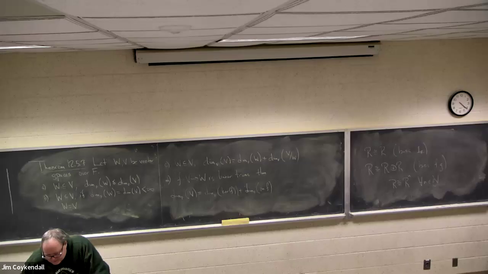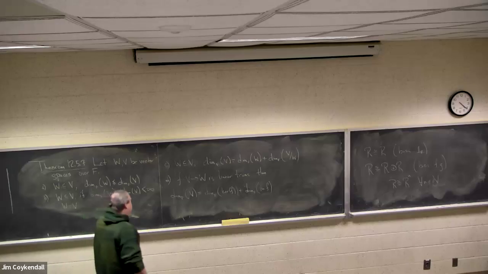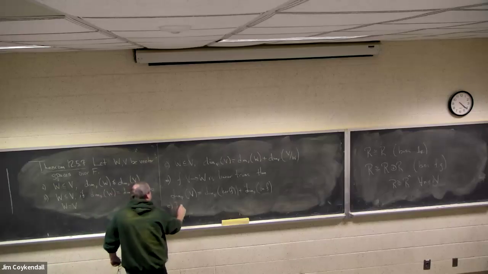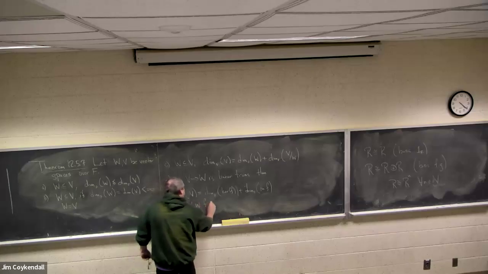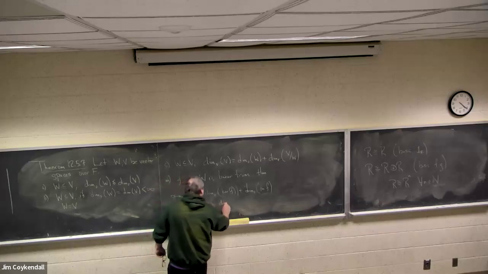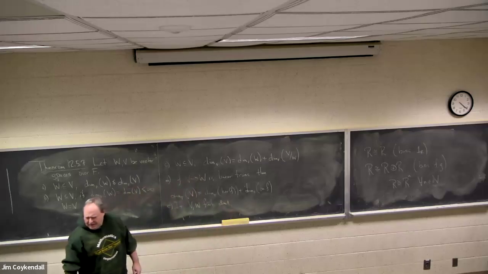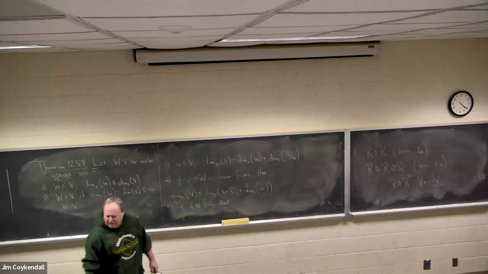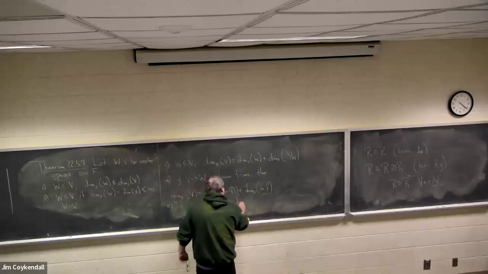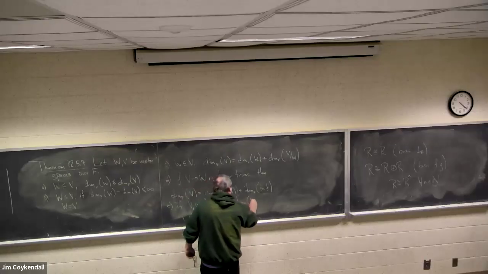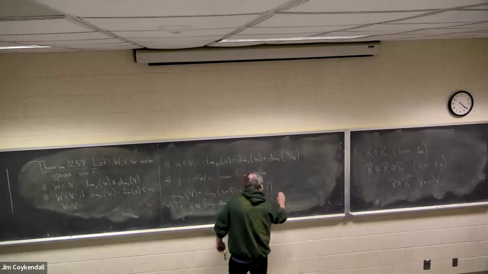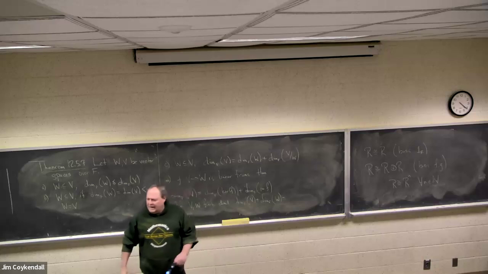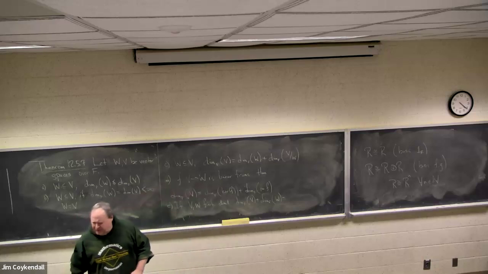And if V and W are finite dimensional, then the dimension of V plus W is the dimension of the intersection plus the dimension of the sum.